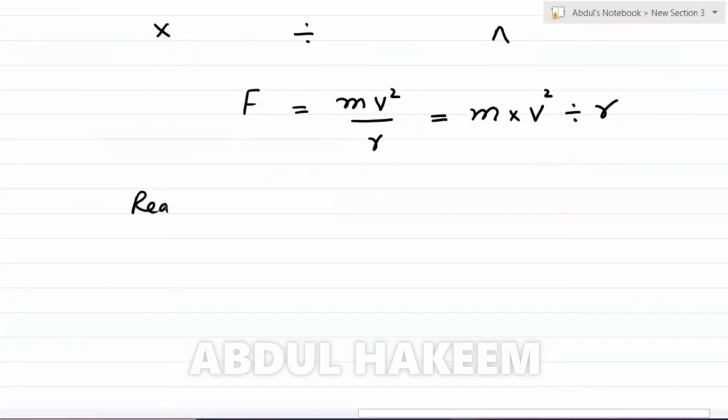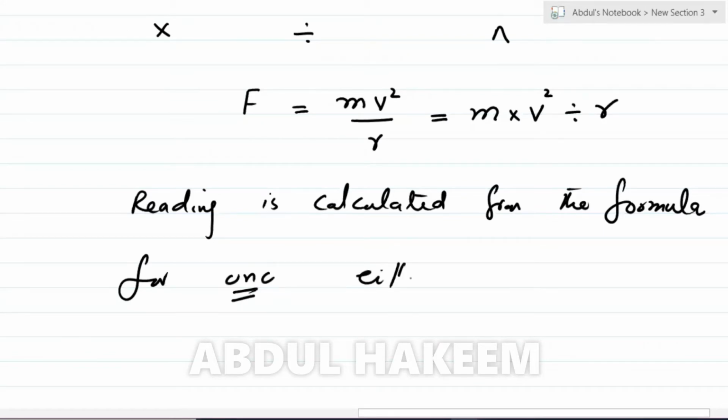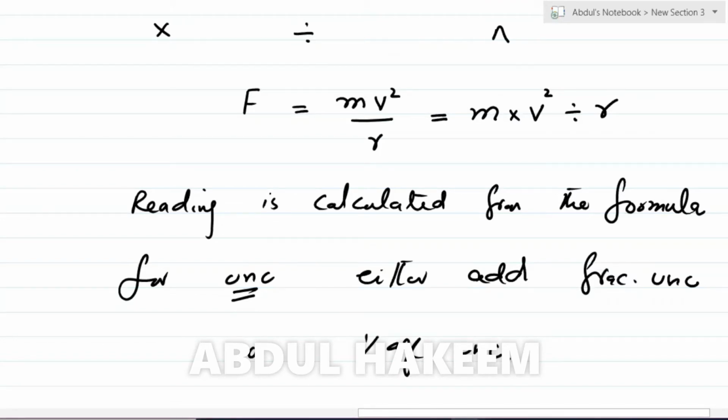So in this, reading final is calculated from the formula. For uncertainties, either add fractional uncertainty or percentage uncertainties.